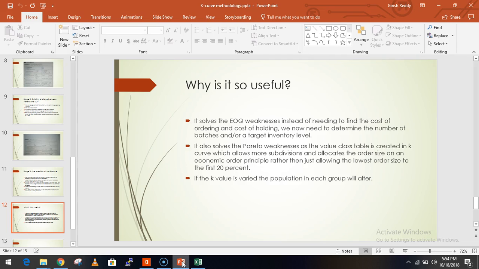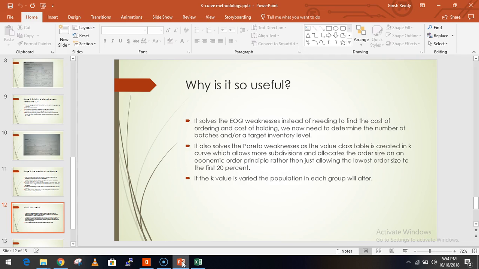It also solves the Pareto weakness, as the value class table is created in the K curve, which allows more subdivisions and allocates the order size on an economic order principle rather than just allowing the lowest order size to the first 20%. What is also significant is that if the K value is varied, the population in each group will alter.